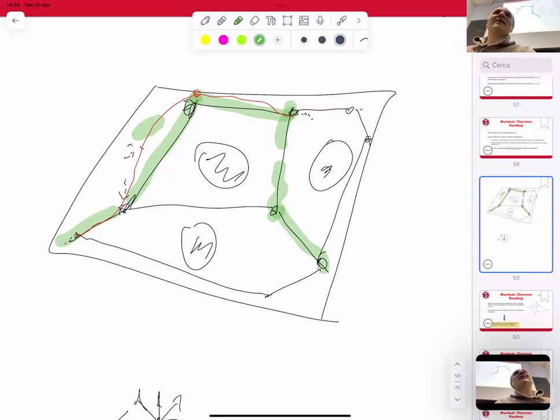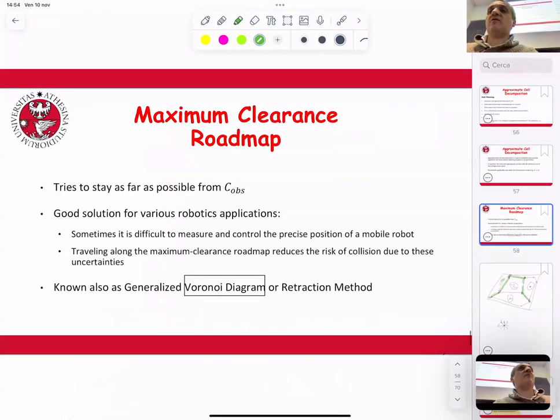I would say you can use an approach like the ones that we are seeing, which is this maximum clearance. Because this maximum clearance is a solution that finds the path in the middle of the obstacles that stays as far away as possible from the obstacles, right? So you want to have the maximum clearance on the left and on the right.